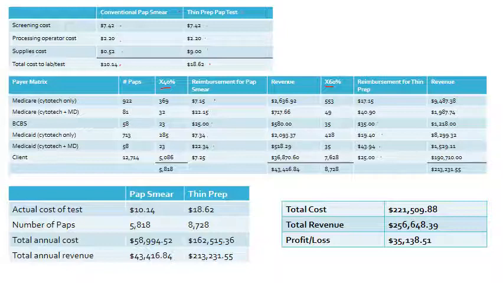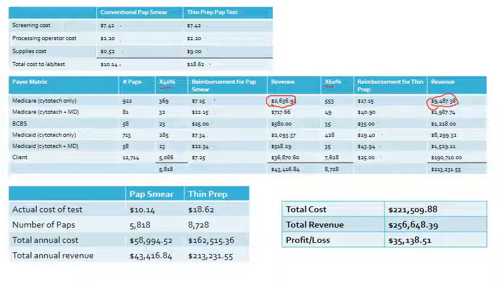So now what you do is you apply the number of Paps, and this is what you had the year before. You know how many Pap smears you had the year before. So if you apply your 40% and 60% division to that, you can get a total revenue expected for each test from each payer based on the numbers that you used the year before.